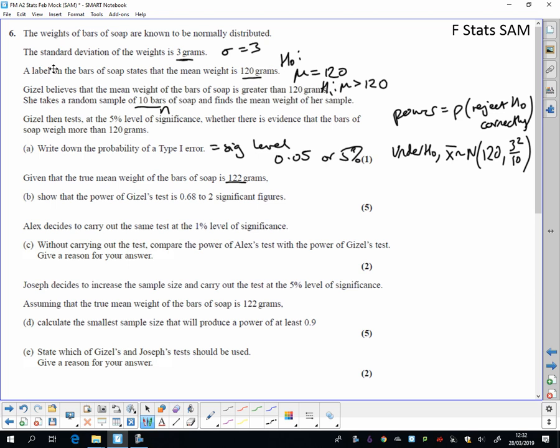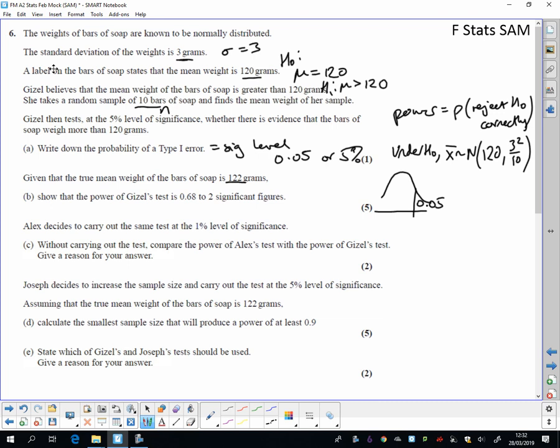Right, then what you can do in your calculator is work out what the critical region is going to be. It's a one-tailed test, so we want 0.05.